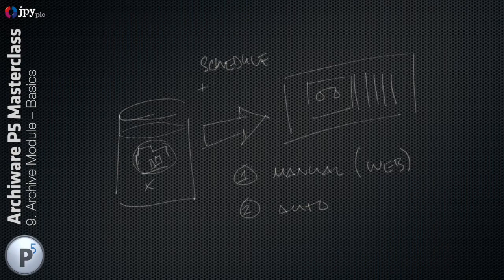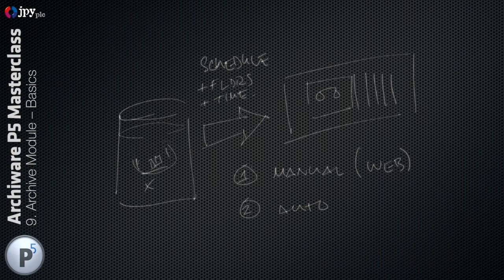So you'll have a list of folders and you'll have a time, and then the data will be archived from the folders or folder each day according to the schedule.